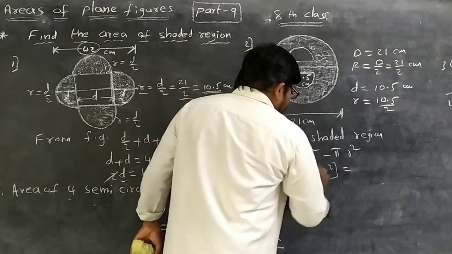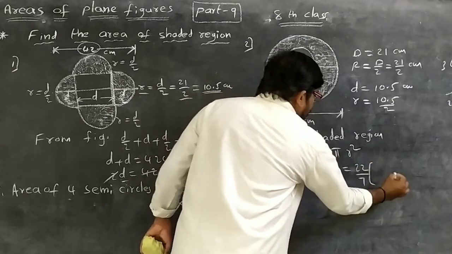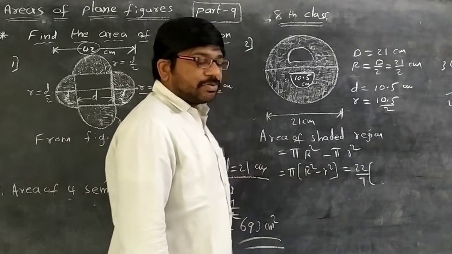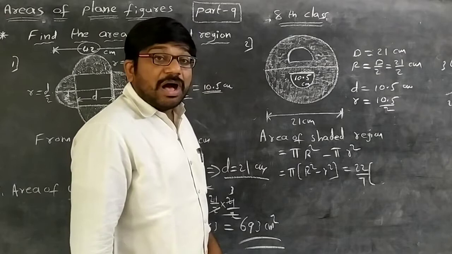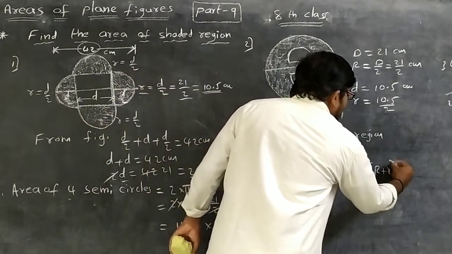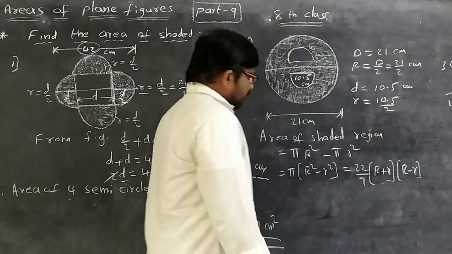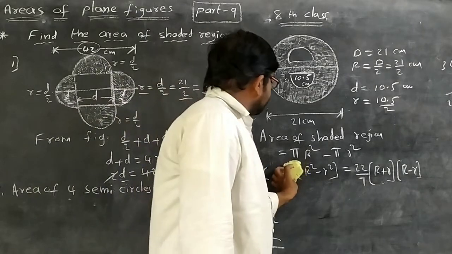That is equal to pi, that means 22 by 7, into R square minus r square, which can be written as R plus r and R minus r, right? R plus r into R minus r, right?